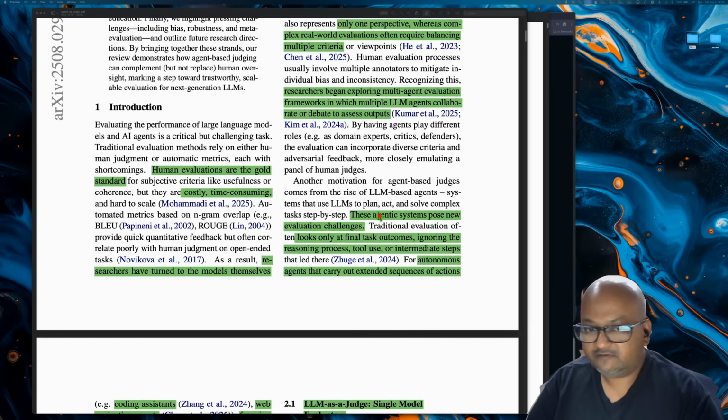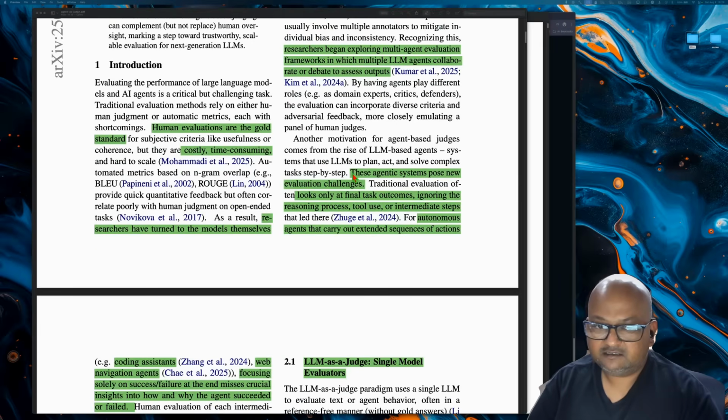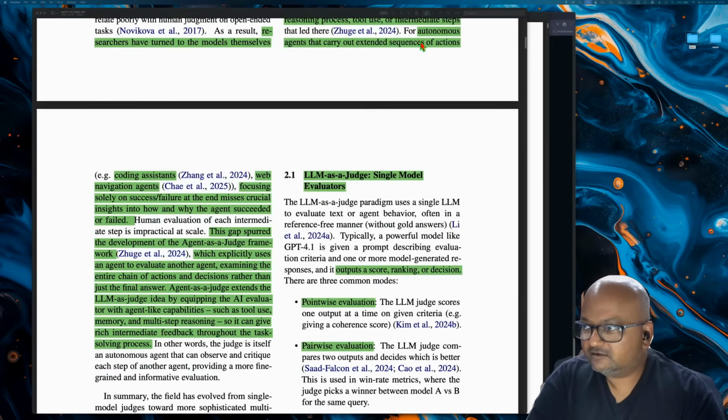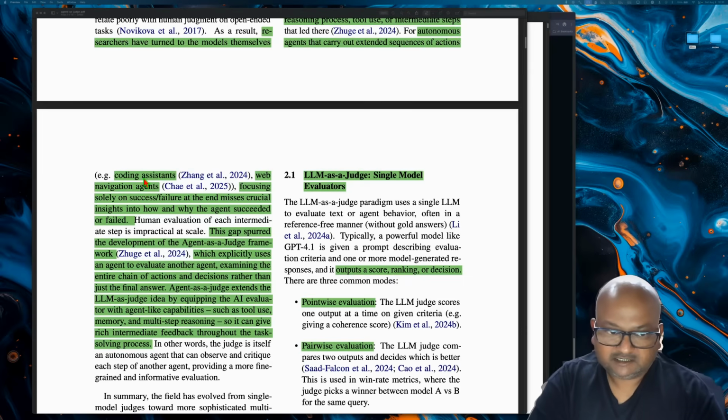But the more fundamental issue is that LLM as a judge only looks at your final output. That is the core issue. It is not a great fit for evaluating agents that perform multiple steps of planning and reasoning and execution before they give you a final output. If you look at a lot of typical AI agents today, they will write code, they will browse the web, they will do a lot of reasoning and planning over many, many steps.